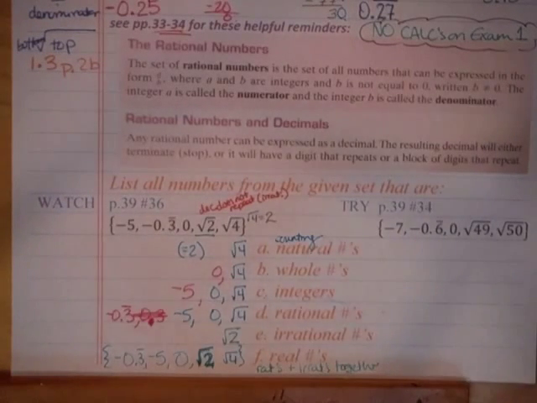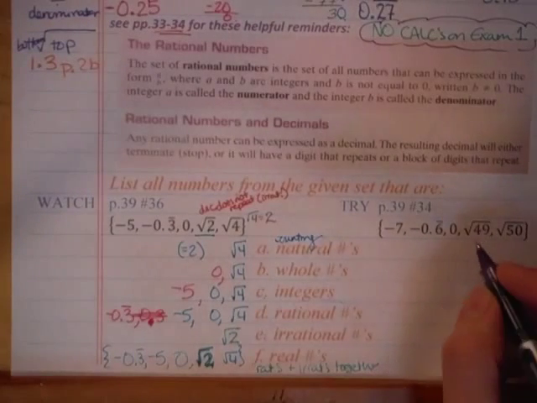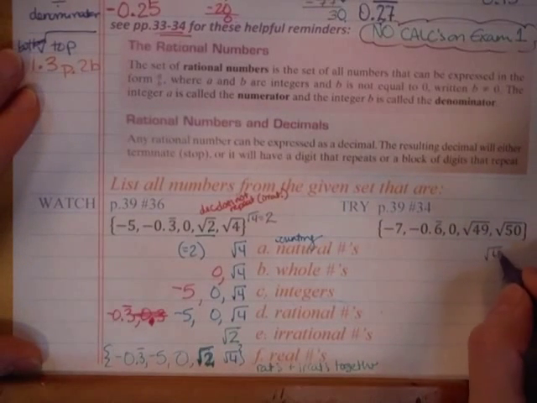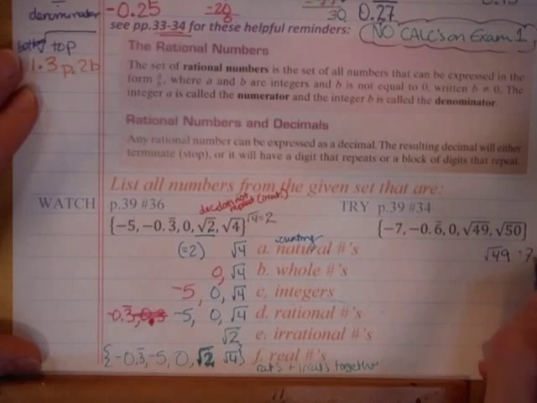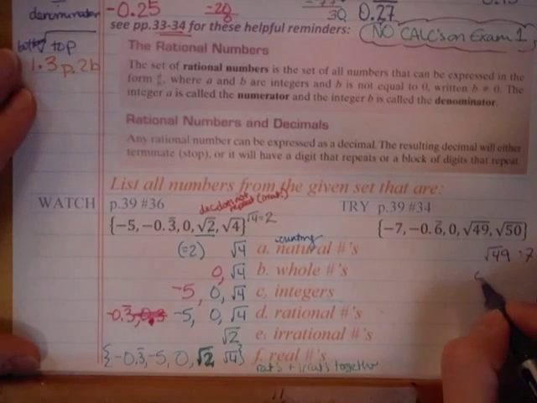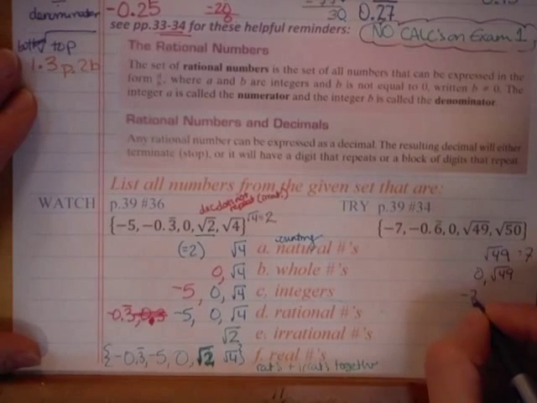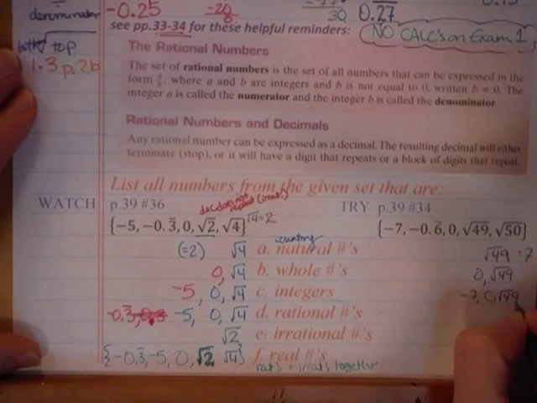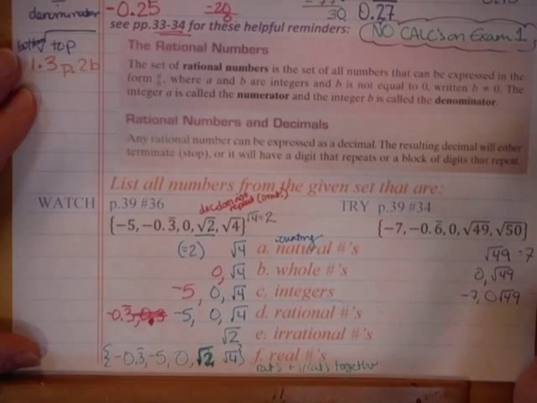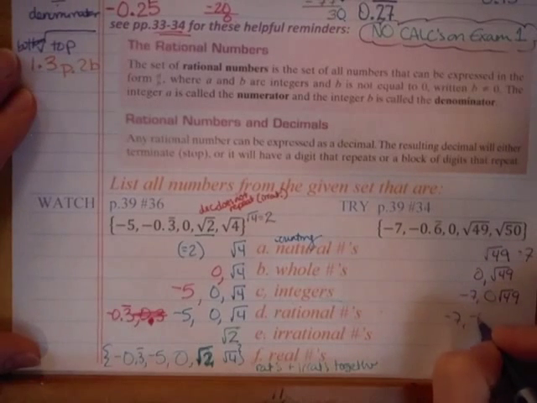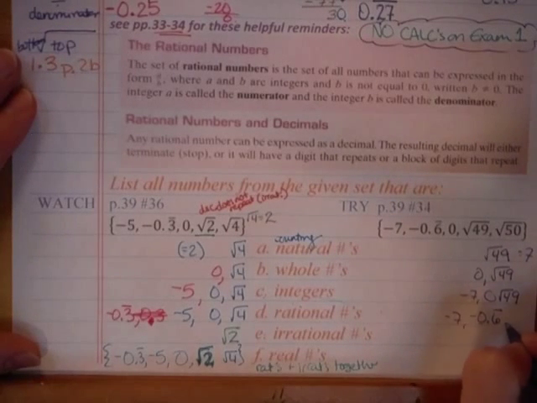Okay, you should come up with the natural numbers would be radical 49 because that equals 7. The whole numbers are going to be 0 and radical 49. The integers are going to be negative 7, 0, radical 49. The rationals are going to be negative 7, negative 0.6 with the bar, 0, and radical 49.